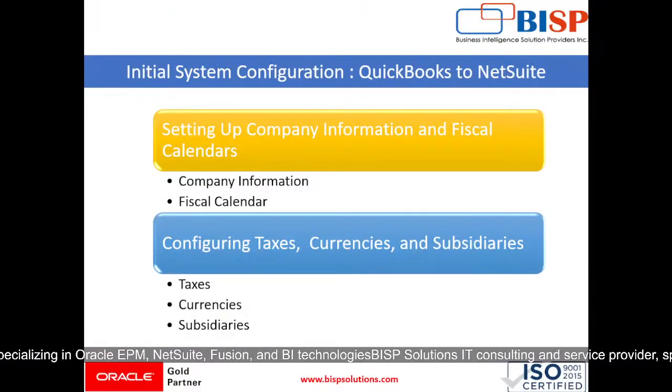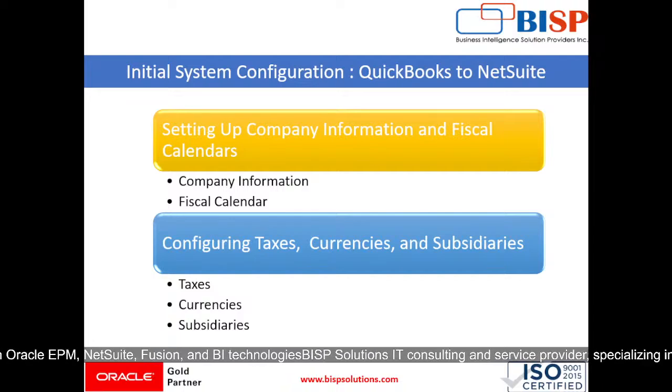After that comes configuring taxes, currencies and subsidiaries. First of all, taxes: we navigate to the setup option, and under setup we get the taxes option. Under taxes we have tax setup to configure tax codes, rates and jurisdictions, which enables taxation preferences for automatic tax calculations such as VAT or GST based on regional compliance needs.